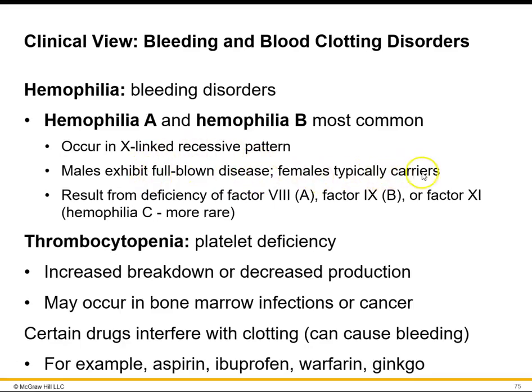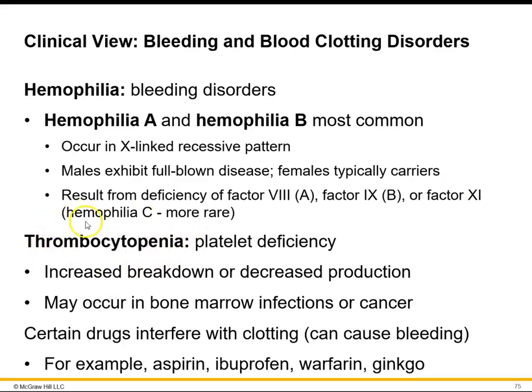Females are typically going to be carriers. Remember, females have 2 X chromosomes, so they have a little protection against that dysfunctional gene on 1 of the X chromosomes. Hemophilia A is a deficiency of factor 8. Hemophilia B is a deficiency of factor 9. And hemophilia C is a deficiency of factor 11.